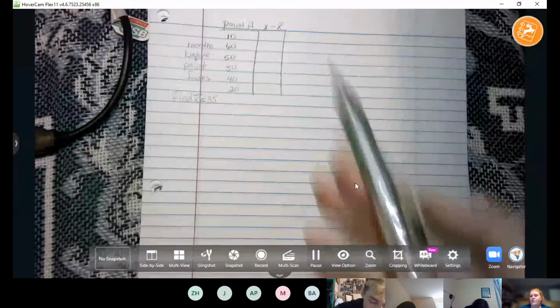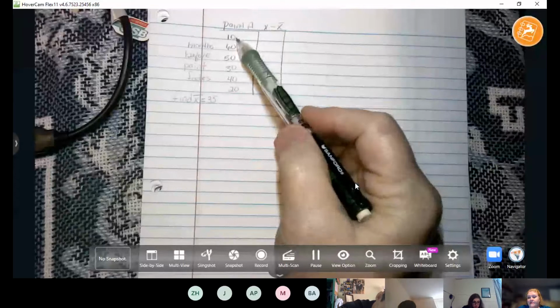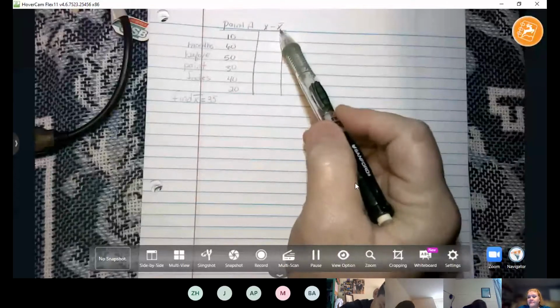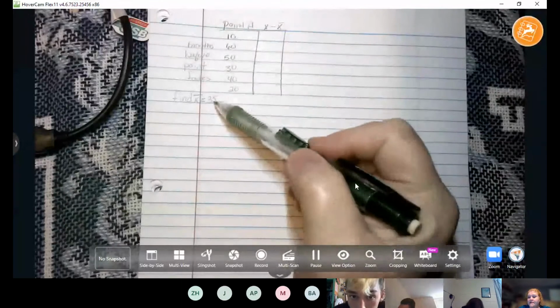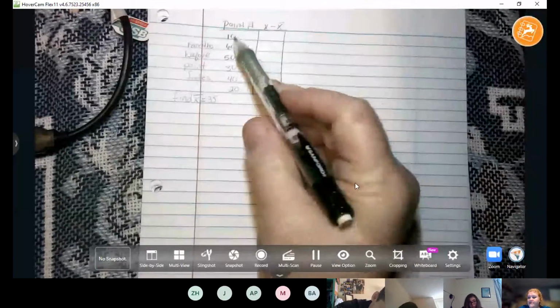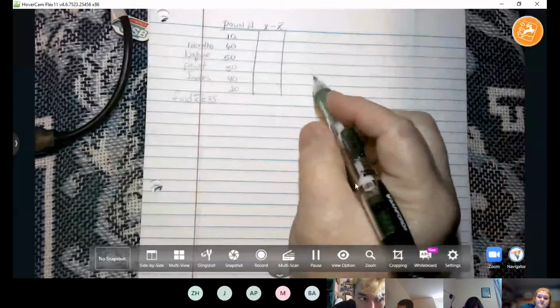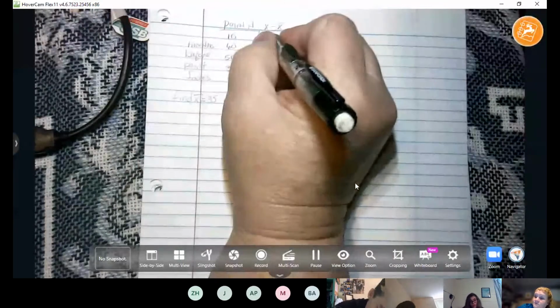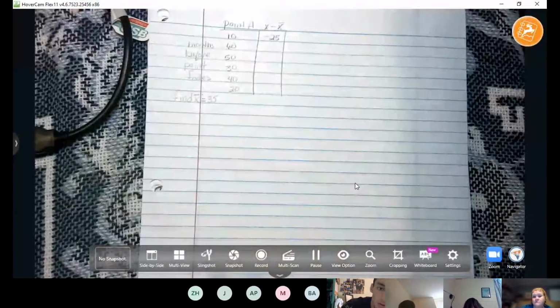So we're building the formula. The data item means this data minus the mean. So we're going to do 10 minus 35. So what is 10 minus 35? Negative 45.